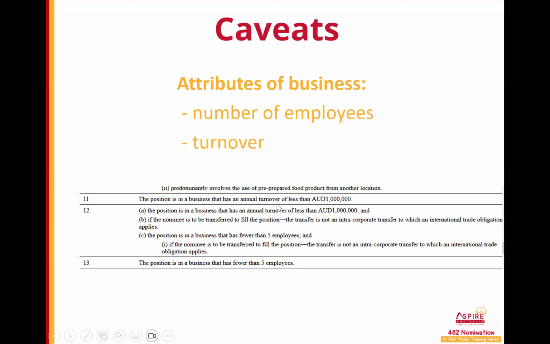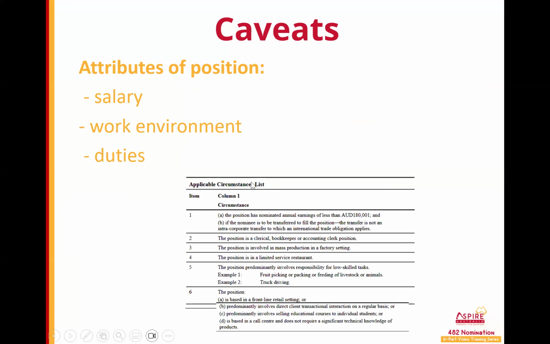Caveat 11, the business's turnover must be at least $1 million, or caveat 13, the position is in a business that has at least 5 employees. And caveats also can apply to positions, again with a minimal salary level, specific work environment, or specific duties. These caveats are in place to ensure that the position is a skilled position.